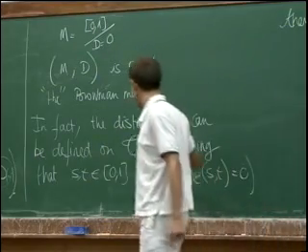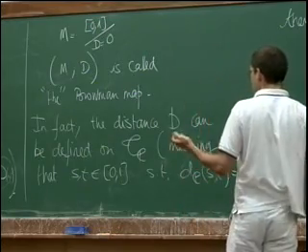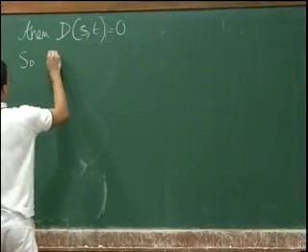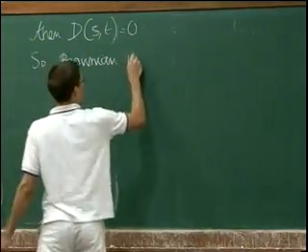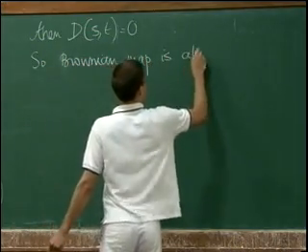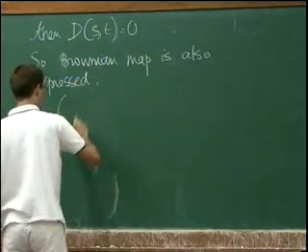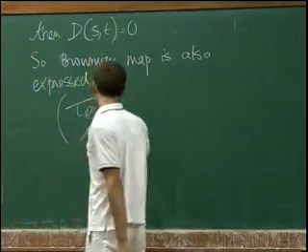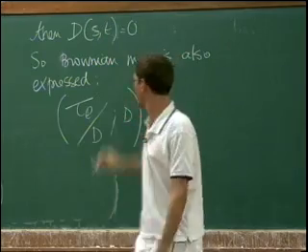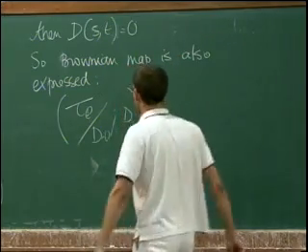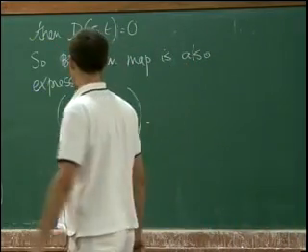So we can define the distance on the quotient space of [0,1] by this pseudo distance, which is exactly the Brownian tree. So the Brownian map is also expressed as the quotient of T by a strange pseudo distance and endowed with the pseudo distance which becomes a distance on this space. Okay.